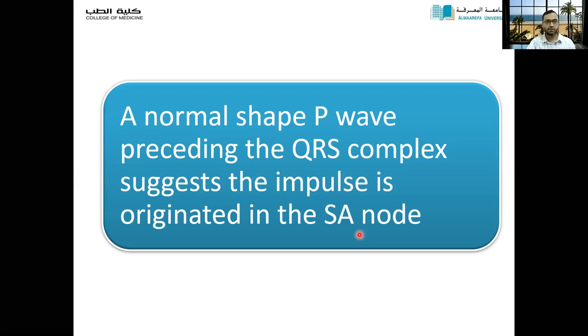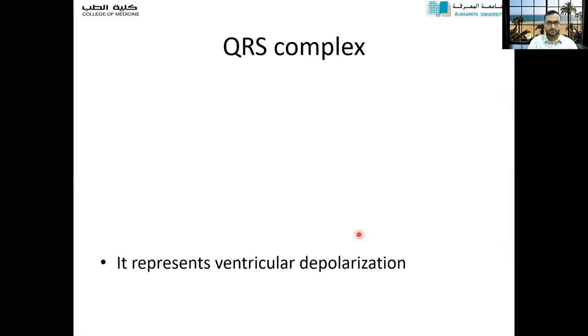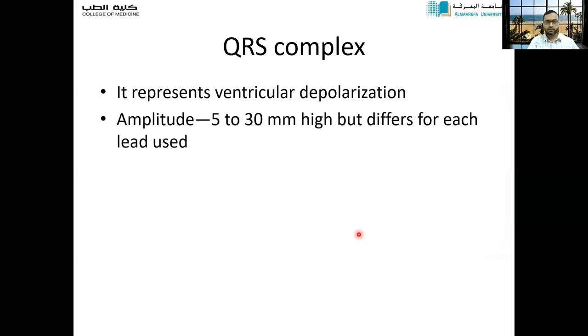The P wave is not the depolarizing wave of the SA node. But if the normal shape of the P wave is present before the QRS complex, we can take this inference that the beats are originating in the SA node. Please keep it in mind. So when the P waves are absent, it gives you a clue that beats might not be originating in the SA node, but somewhere else.